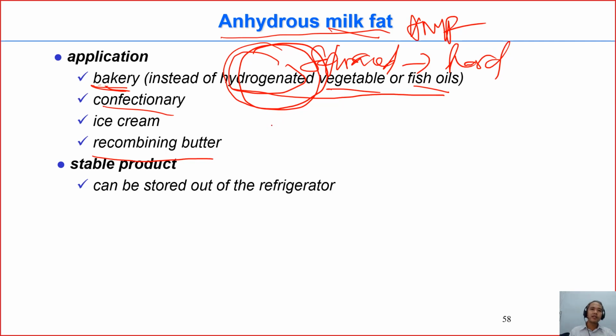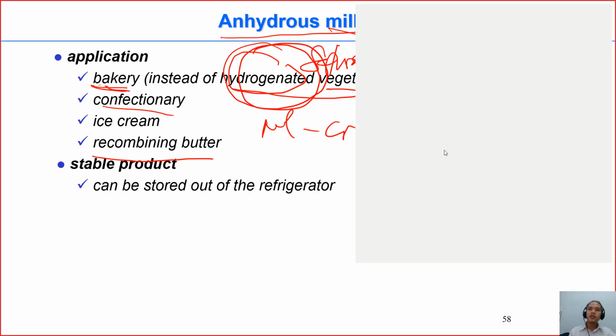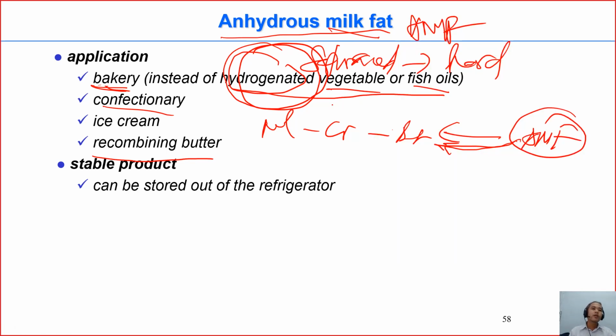Normally, to make butter, we start from milk to cream and to butter. But in industry, you can make butter backward from AMF. From AMF, we have to do emulsification, so we need to add some emulsifier. Right, and the product is stable at room temperature. Why stable?